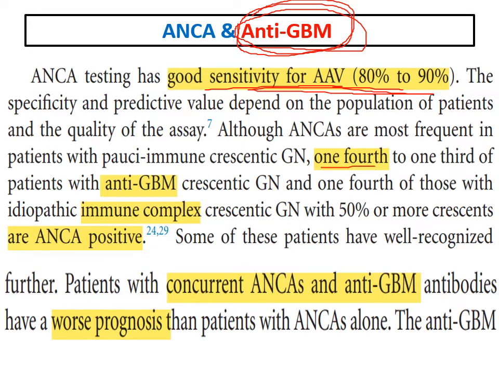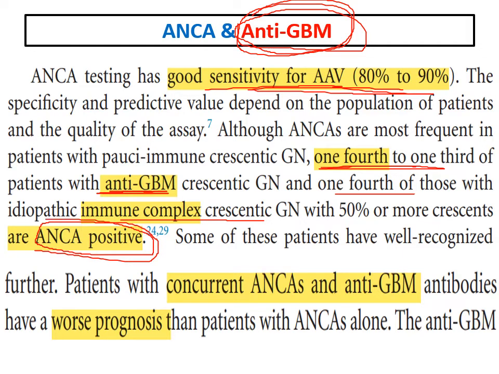But in around one quarter to one third of patients with anti-GBM crescentic glomerulonephritis, and one quarter of patients with immune complex crescentic glomerulonephritis, we find ANCA positive.